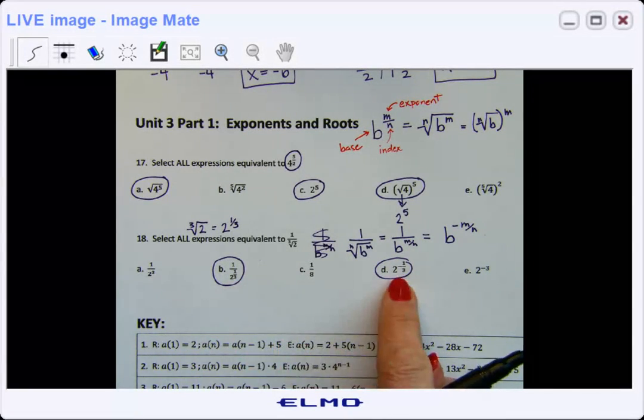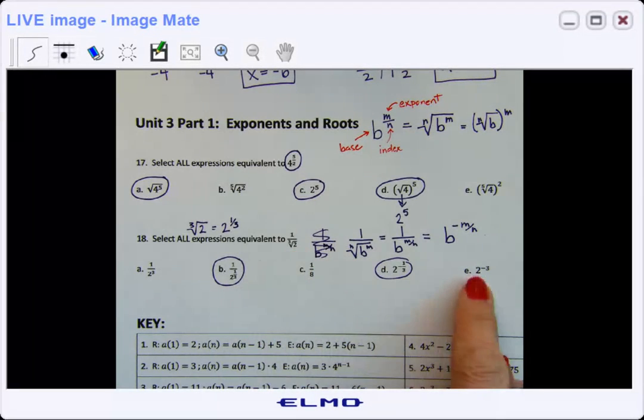So those would be equivalent also to that. And then 2 to the negative 3, not the same, because we were looking at a cubed root. So just B and D for number 18.